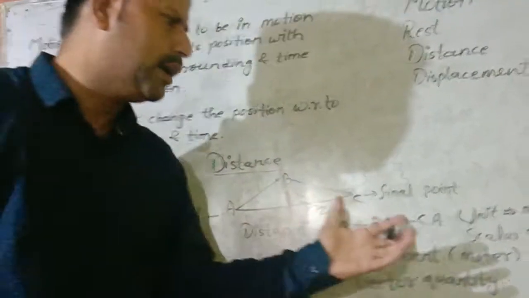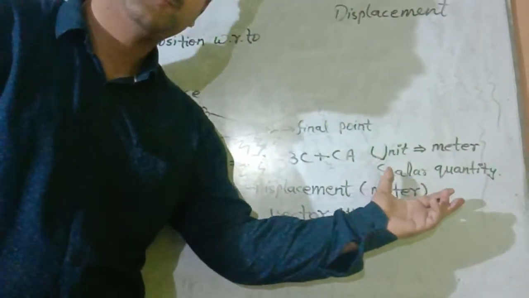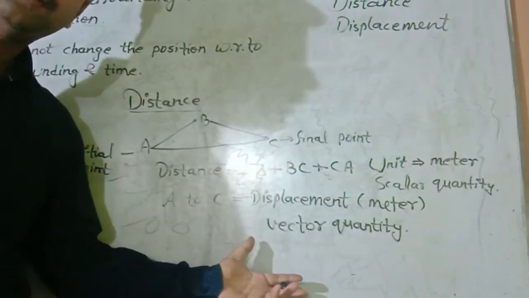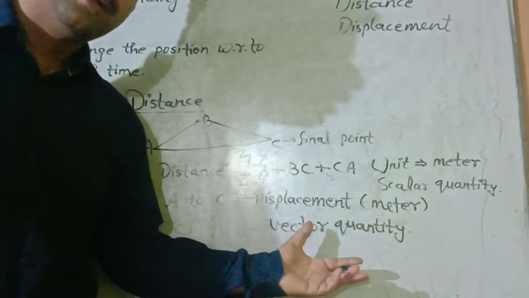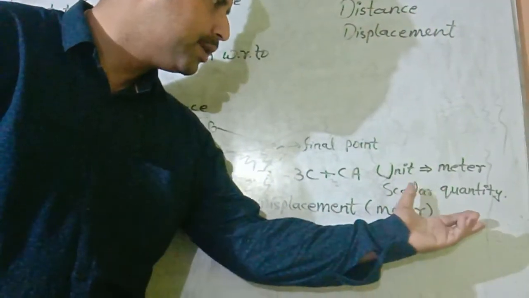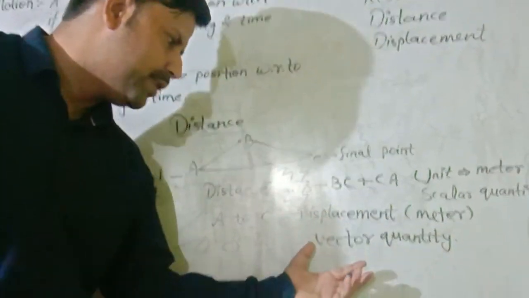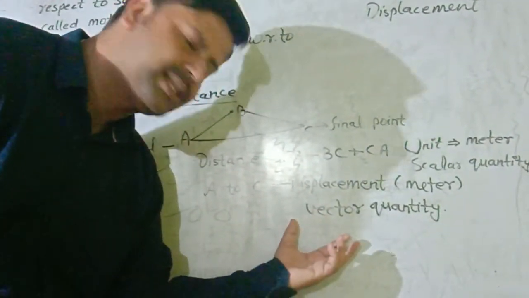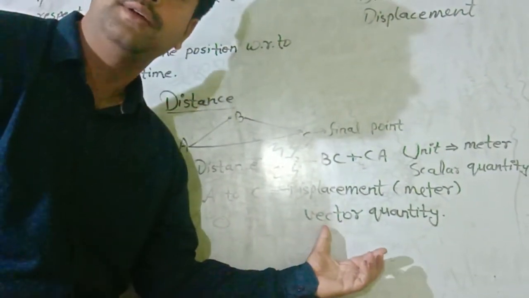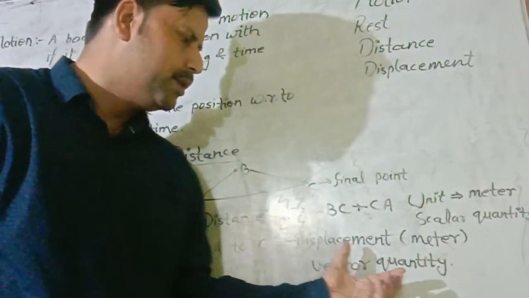Students, can you understand what is scalar and what is vector? Let's discuss scalar quantity and vector quantity. Firstly, we are going to discuss vector quantity. What is vector quantity?